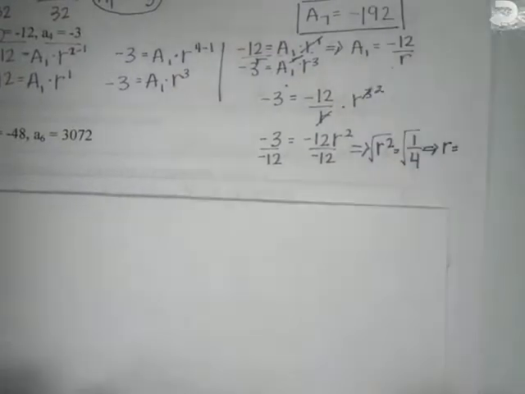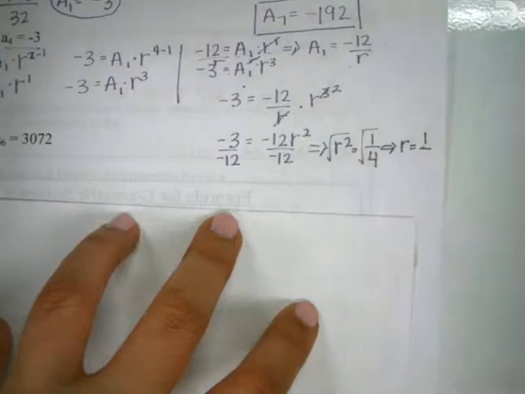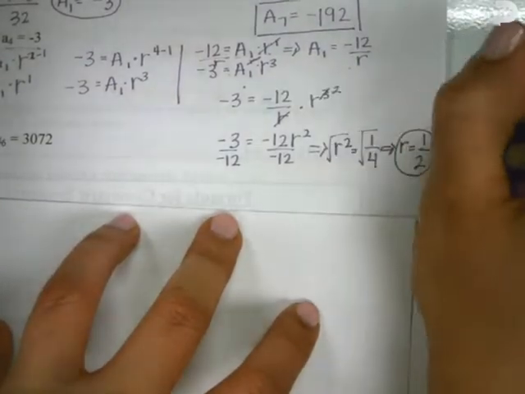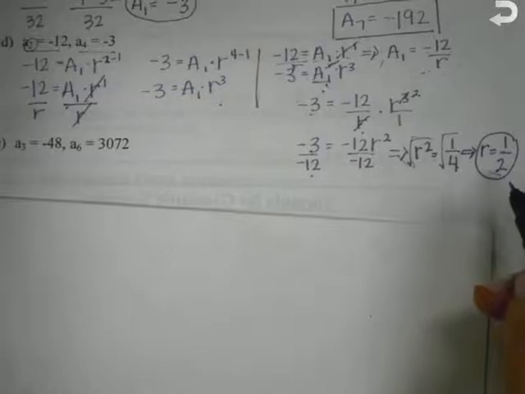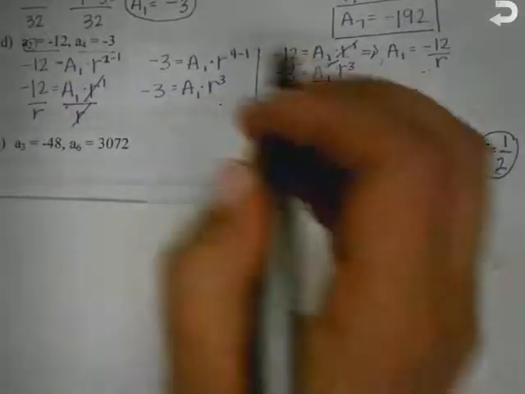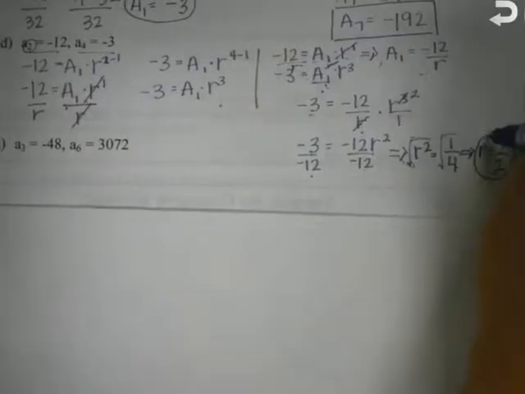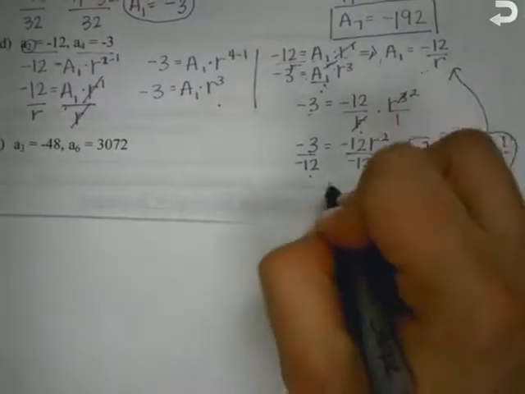Okay. So that's r. I still need to know what A1 is. So how am I going to solve for A1? Plug it in. Why don't we plug this back in over here because it's already solved for. So A1 equals negative 12 over 1/2. Dividing by a fraction, let's rewrite it.